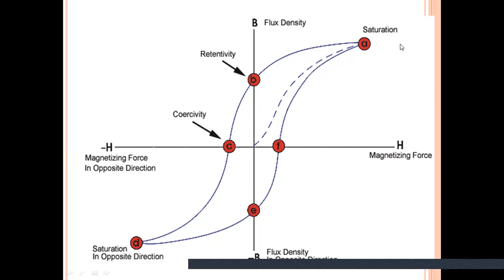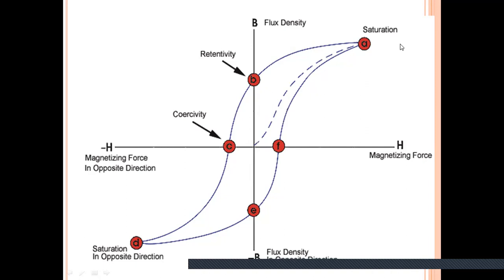In the case of ferromagnetic materials, there are a number of domains. These domains are responsible for the creation of the magnetization inside the ferromagnetic material. The magnetization vector in a particular domain has a particular direction.